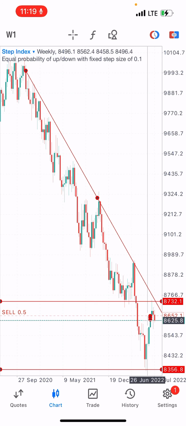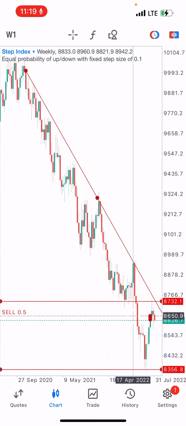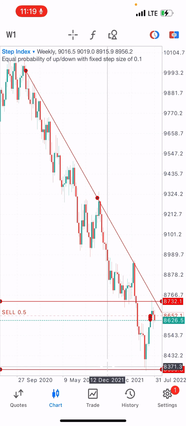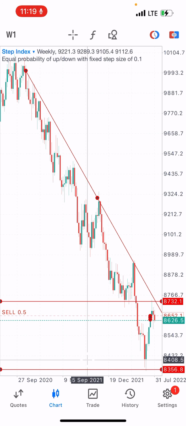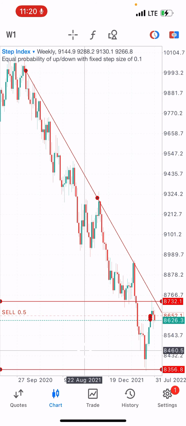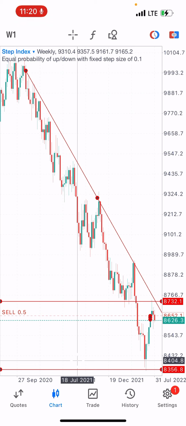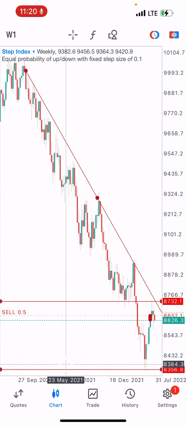If you're able to catch these pips just like myself, I saw the 8652, if I'm able to catch it down to this 8408, guys, that's a whole lot of money. So if I can hold it to this point, definitely I am grateful. It might form something like a double bottom, nevertheless, but always secure your profit.